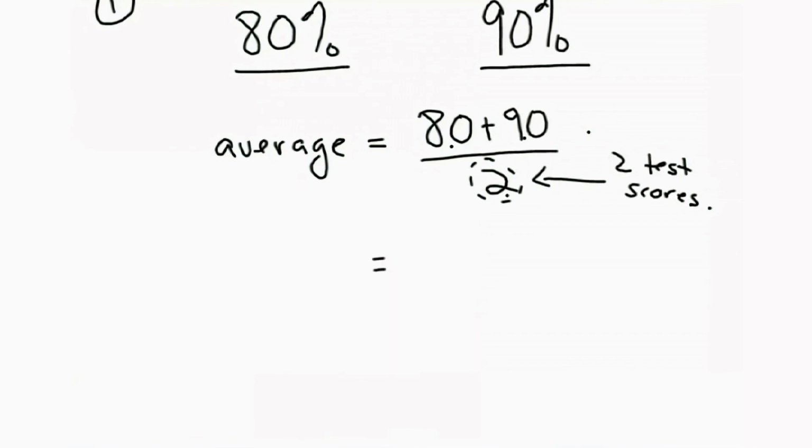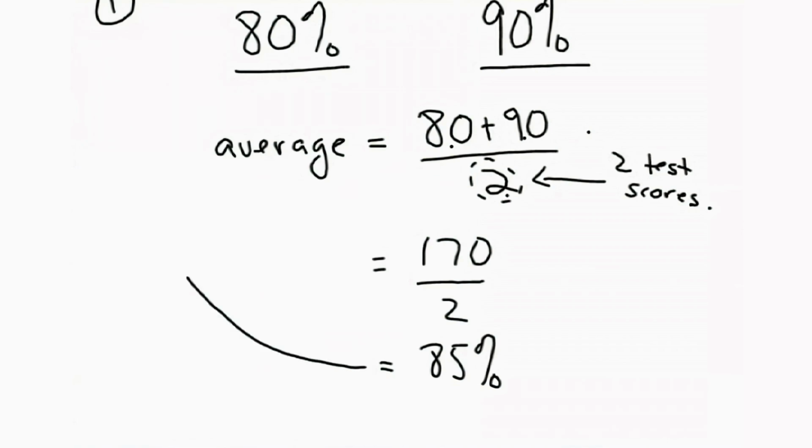And so here, 80 plus 90 is 170, and 170 divided by 2 is 85. And so when I said that the average was sort of like the middle, that's true in this case, primarily because we have 2 scores.